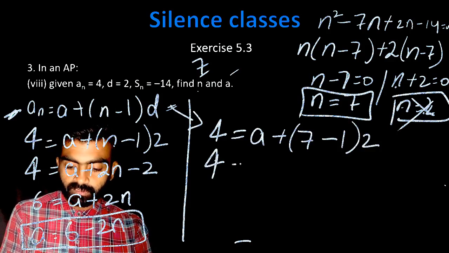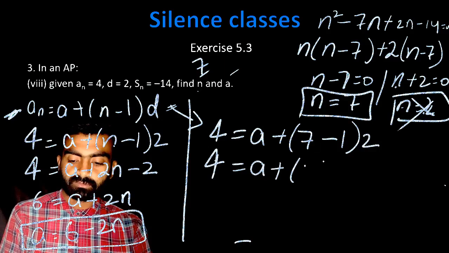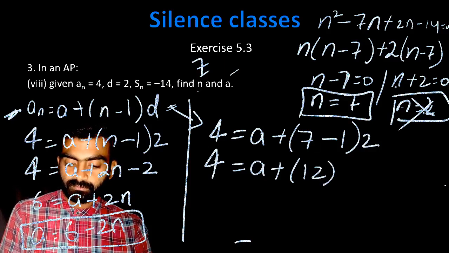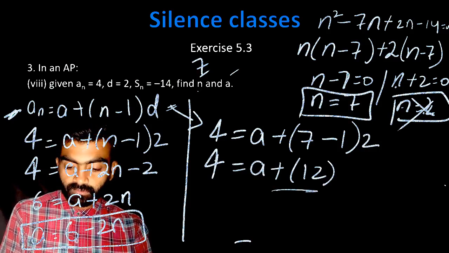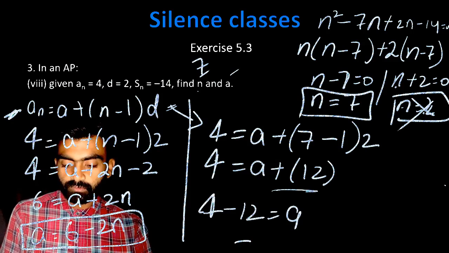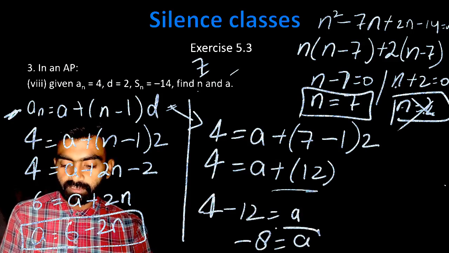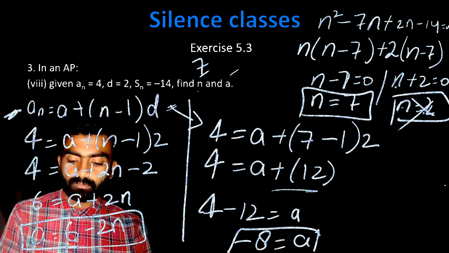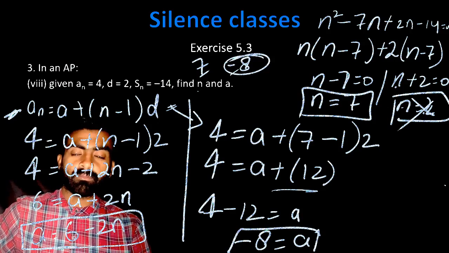So we will get 4 equals a plus 6 times 2, which is 12. We send 12 to the left hand side, so 4 minus 12 equals a, so minus 8 equals a. So a is minus 8, which means the first term is minus 8.